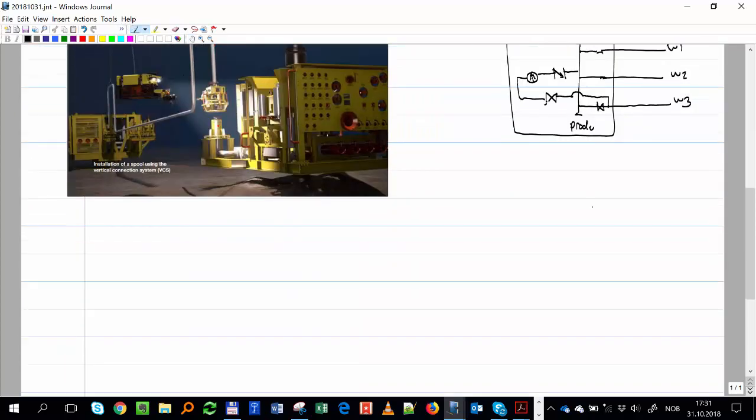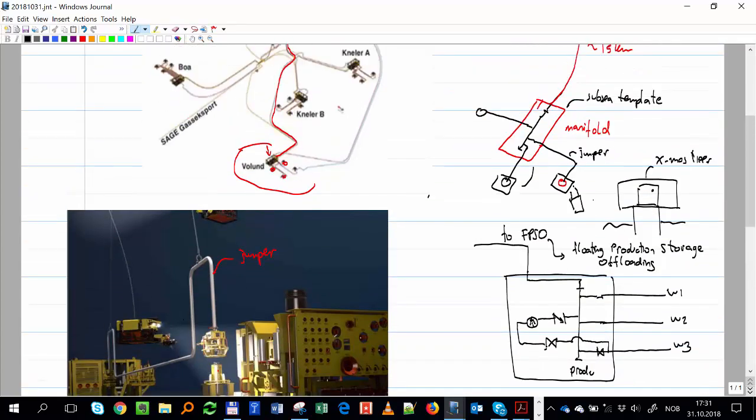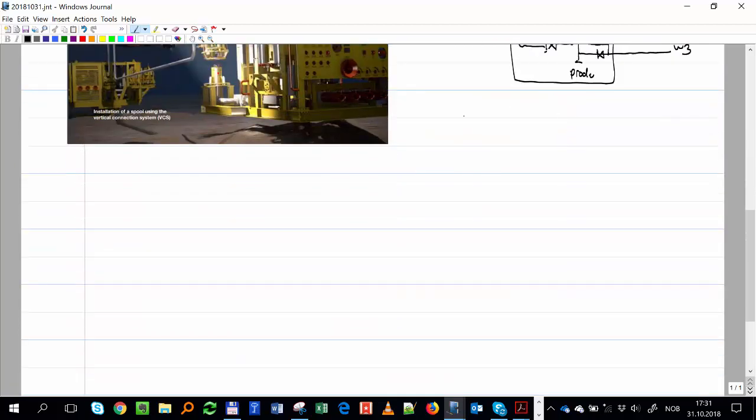This configuration is what is called satellite wells. Wells are satellite from the manifold, from the template. But in Norway and in the UK and in Brazil, for example, and some other places, they use cluster wells, or template wells.